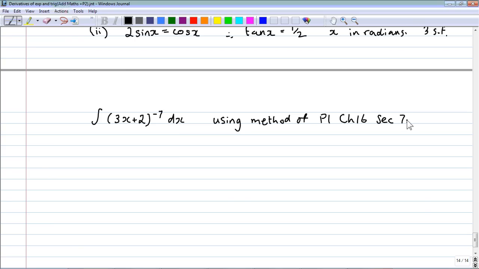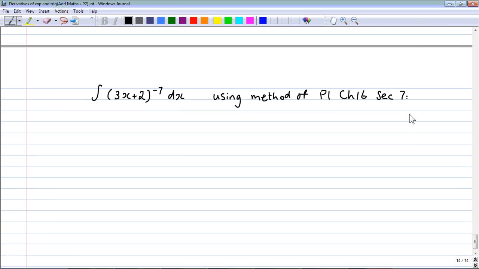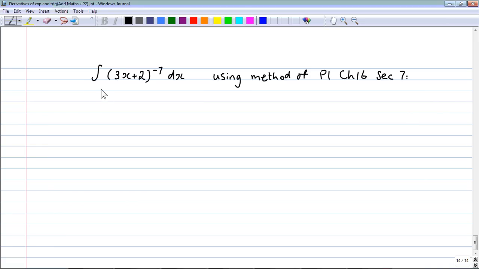And the method of solving this kind of problem is based on a general formula: integral of ax plus b to the power n dx equals 1 over n plus 1 times a, times ax plus b to the power n plus 1, plus a constant.